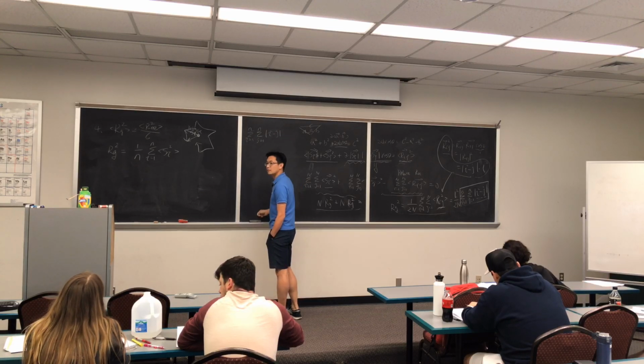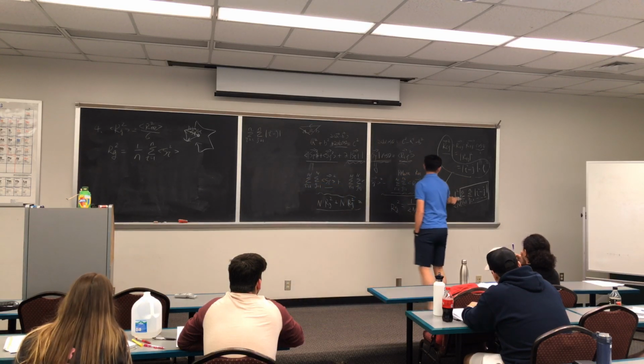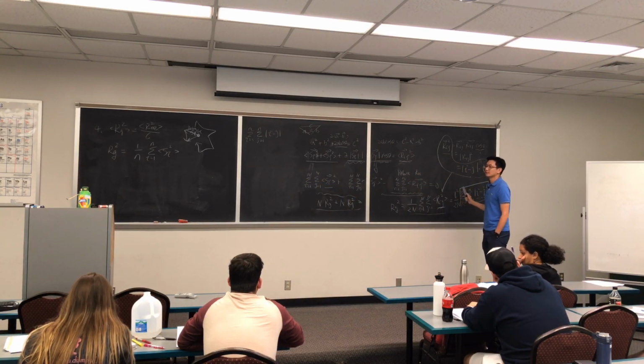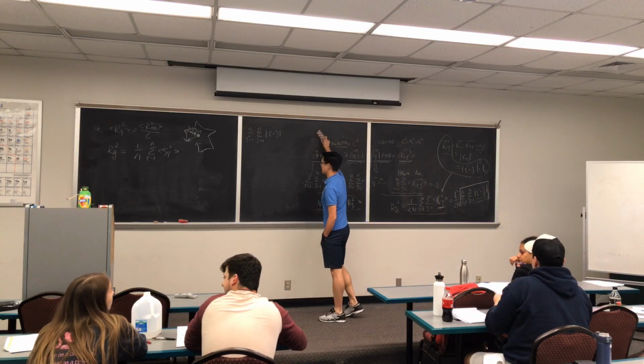Yeah? How come we don't have an L anymore? L is here, L squared, at the front. Oh, thanks. Yeah, we moved it to the front, because it's a constant.